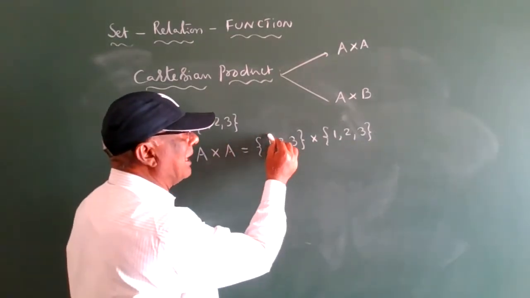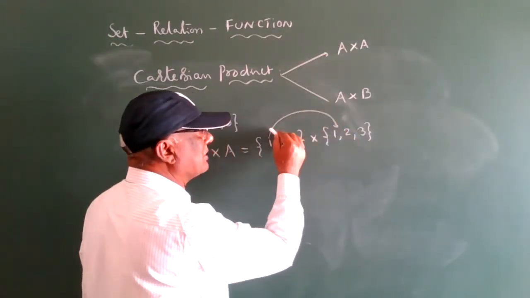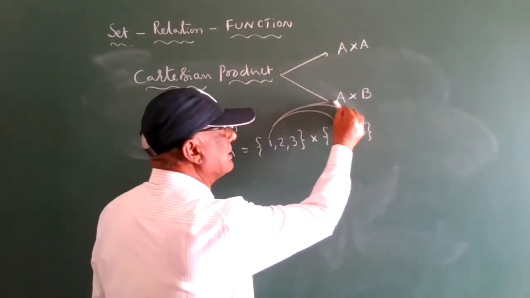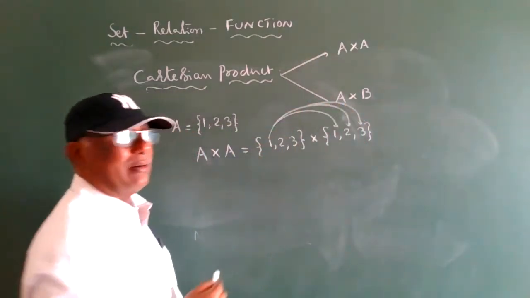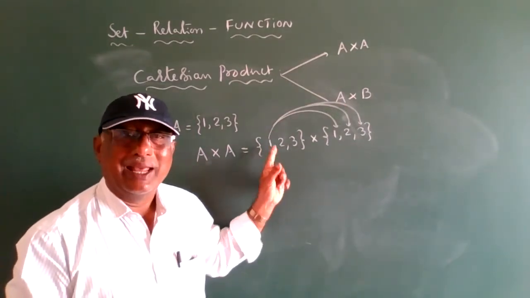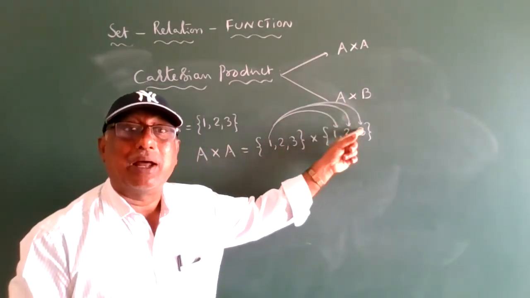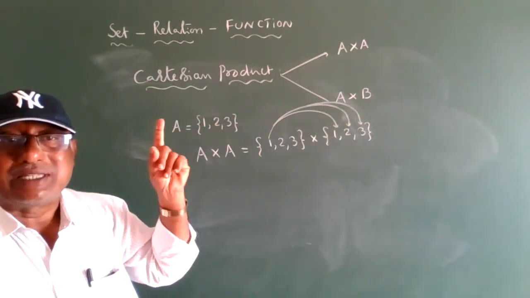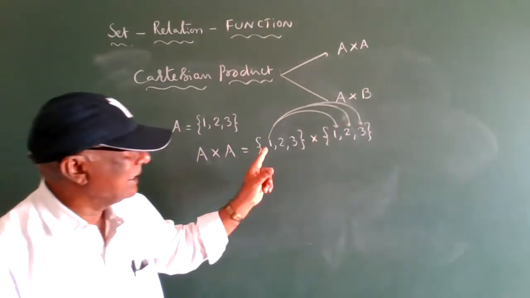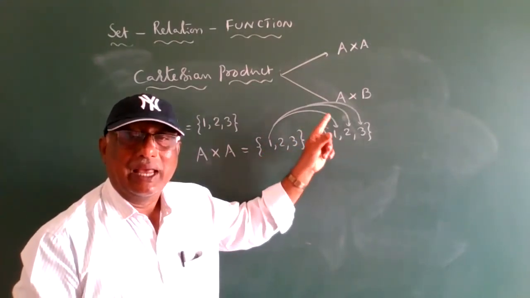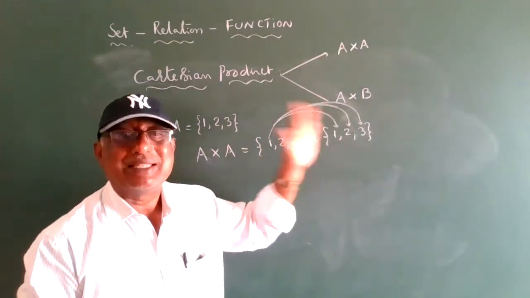First element written down with one combination, with two combination, with three combination. That means the first set's each element is repeated with the number of elements of the second set.